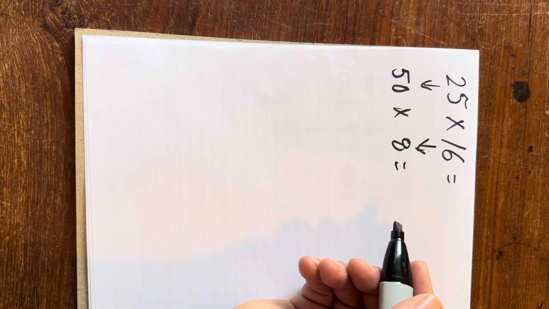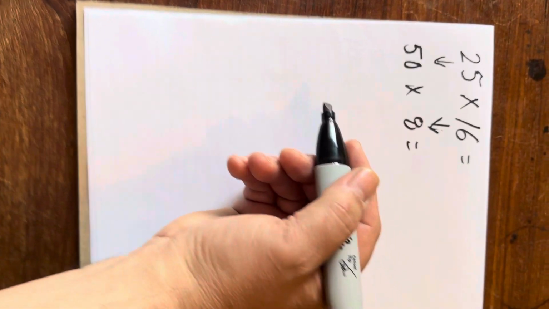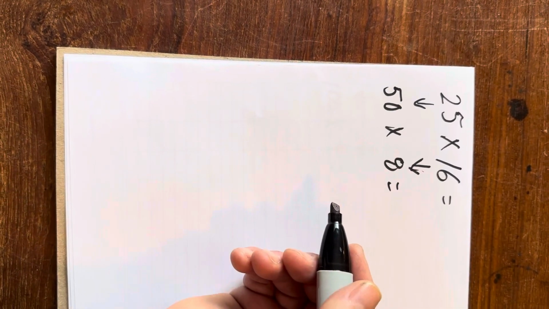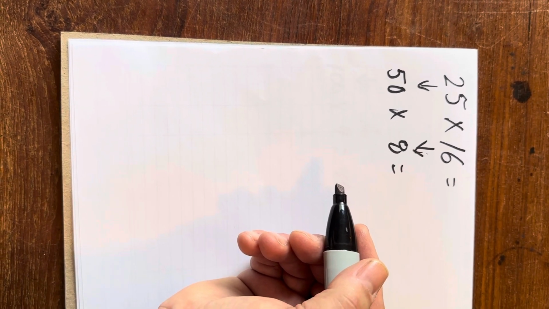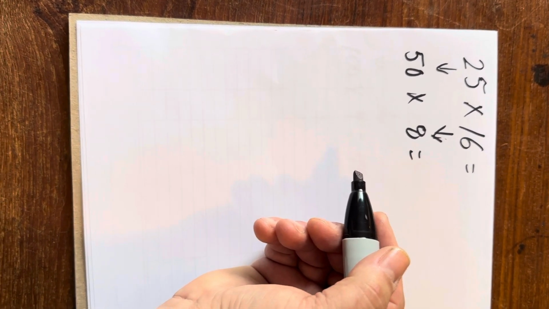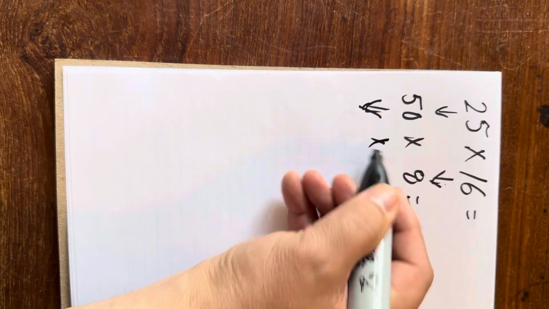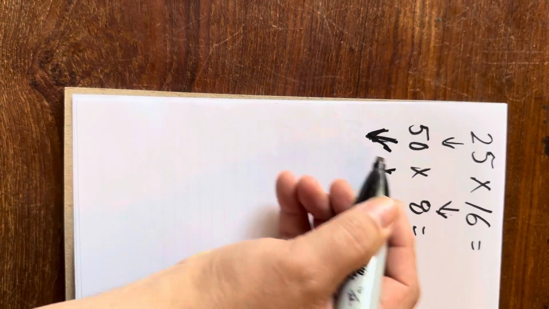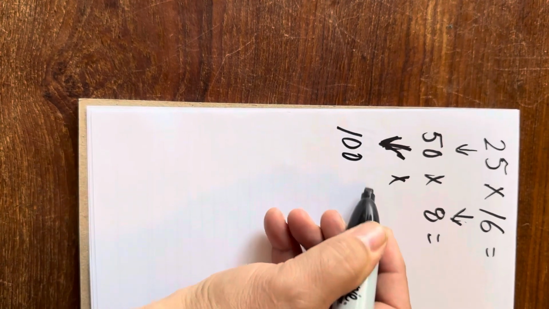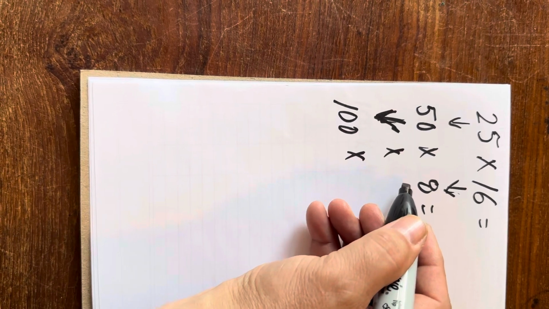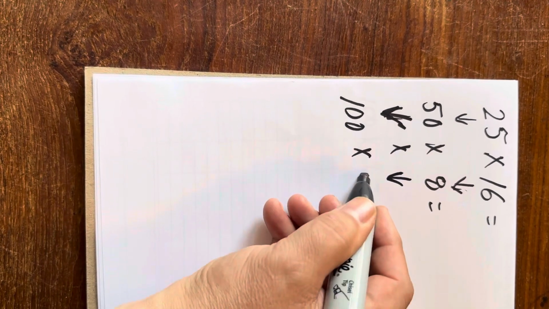But I'd like to share with them that you can continue with this just to give them a better understanding of halving and doubling and how it doesn't change the outcome if you continue. And so we're going to continue this by doubling the 50 to 100 and then multiplying the other side by half of this number. So half of 8 is 4.